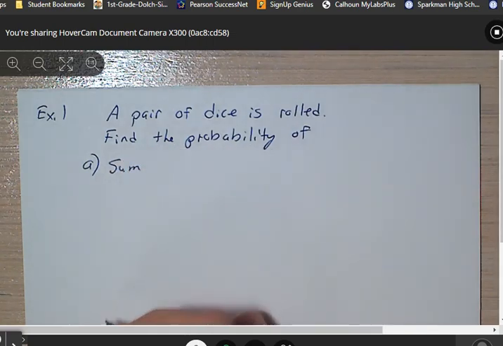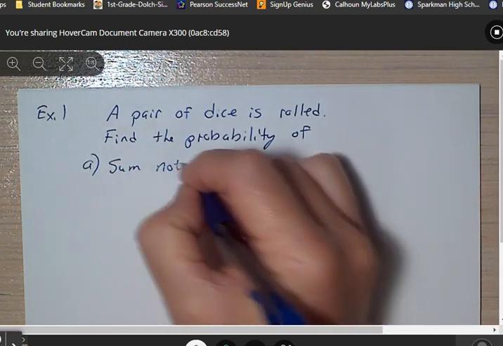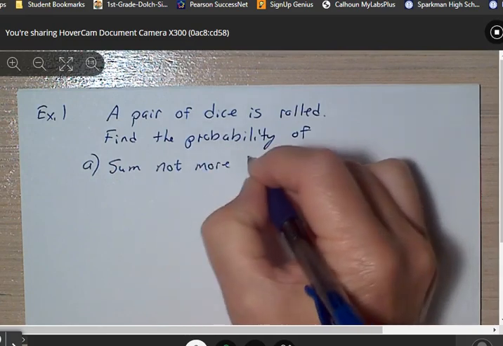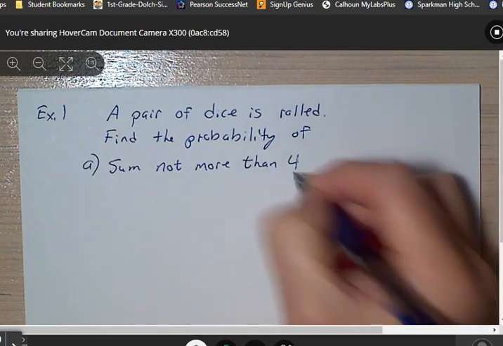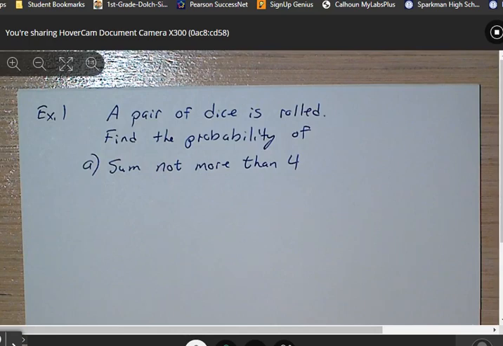Find the probability of the sum is not more than 4. Okay, so if you didn't see a lot of the not more thans and no less thans in section 3, section 4 is where they're going to bring those out a little bit more.